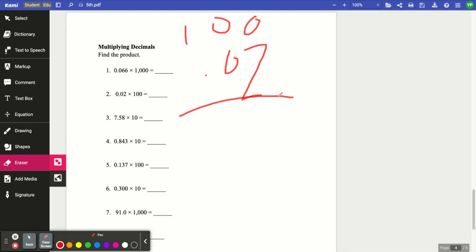It's 2 times 0 equals 0, 2 times 0 equals 0, 2 times 1 equals 2, and that's basically it. And since the point is on the tens, you put it down here, and the answer for this is 2. It is just regular multiplication.